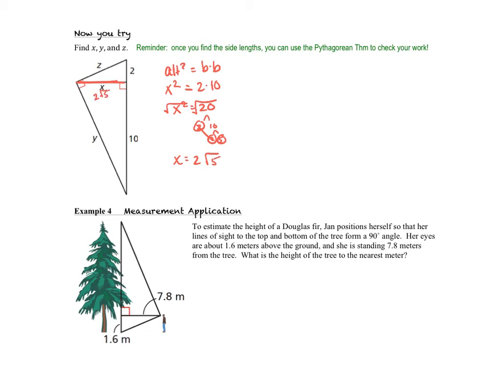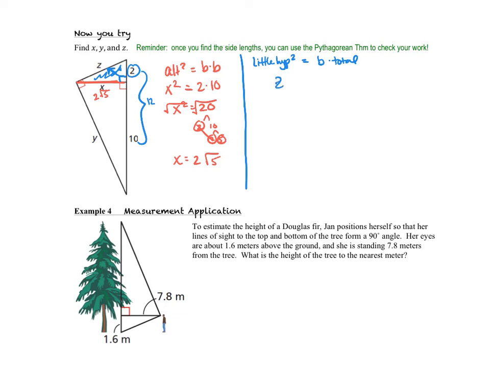And now I can go to my next one. My next one would be little hypotenuse squared. Well, here's my small triangle, and my hypotenuse would be z equals the little base times the total. So little base is 2, and the total here is going to be 12.